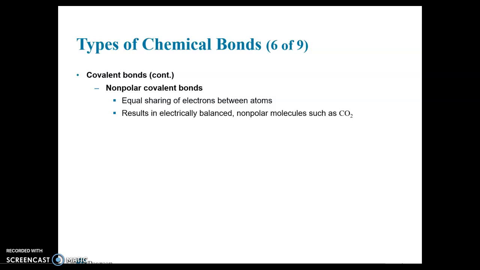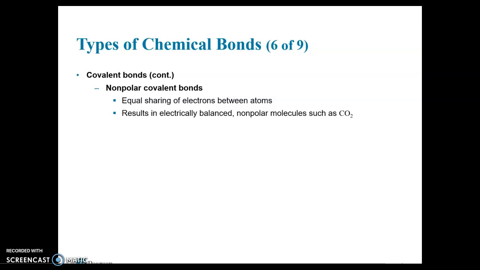So if that happens, we call that a polar covalent bond. But a nonpolar covalent bond is when we have equal sharing of electrons between atoms, or at least we can say there's not like a more positive end of the molecule and a more negative end of the molecule.